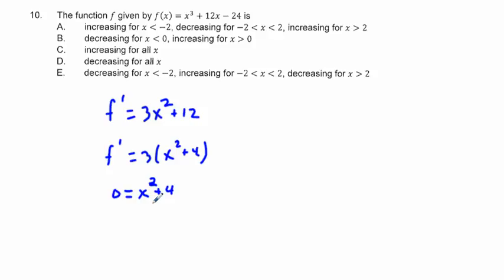Well, is there a solution for this? No, there is not. There's no value of x we can put in to make this a solution. In fact, this is always going to be positive, no matter what real number we put in place of x. So we're going to have no solution.